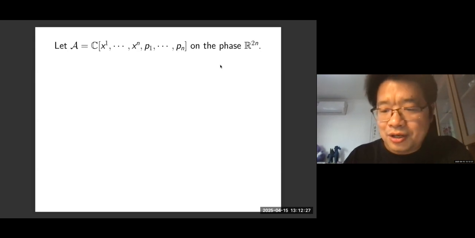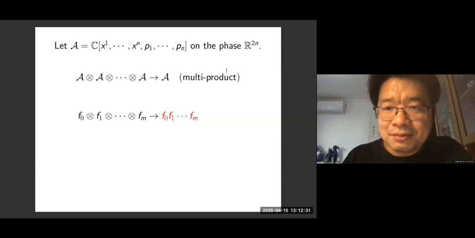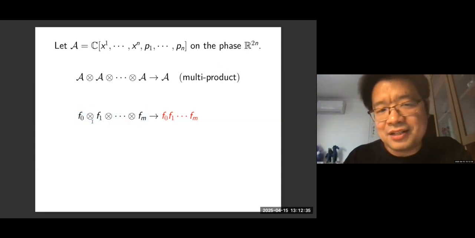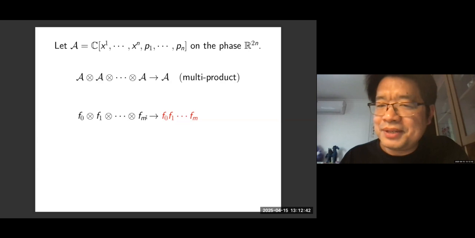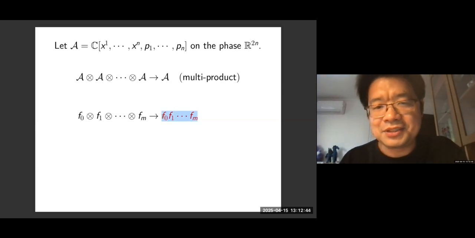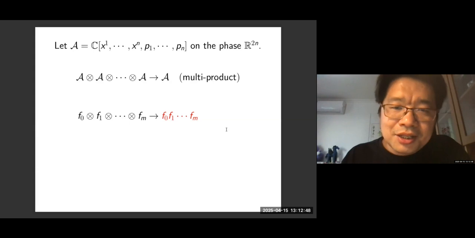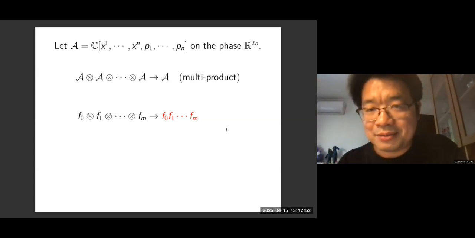And we all learned from elementary school that we can have a multi-product. Suppose I'm given a bunch of polynomials f0, f1, up to fm. Then I can simply multiply them together. Everybody learns this from elementary school. Next, I want to show you how to quantize this multi-product.